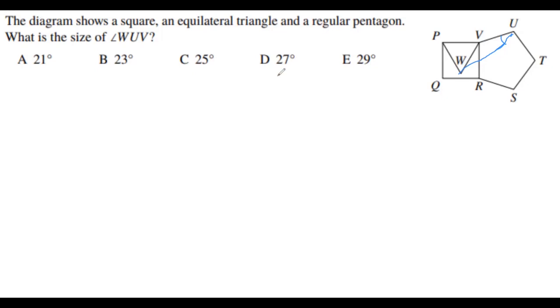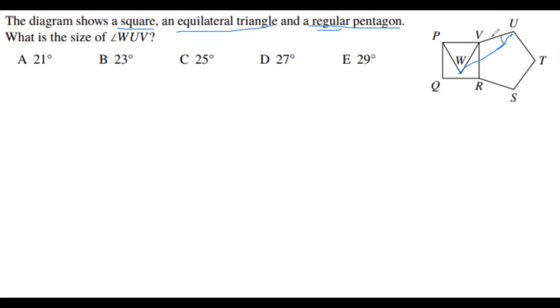And I believe this question is quite hard to approach straight up, so again, I'll try to walk you through this. The first thing you should notice is that this is a square, equilateral triangle, and regular pentagon. These are all regular shapes, which means that all their angles and all their side lengths are the same.